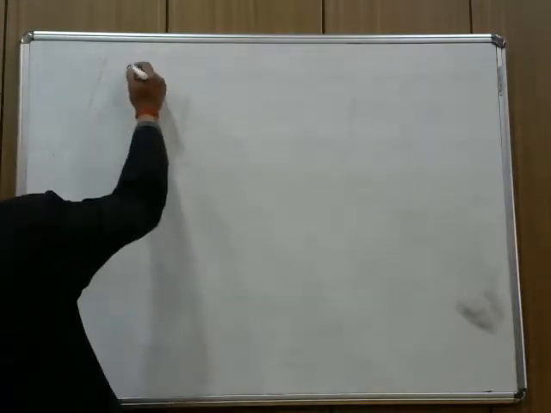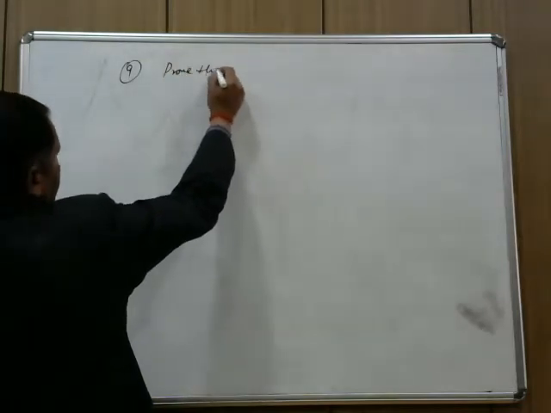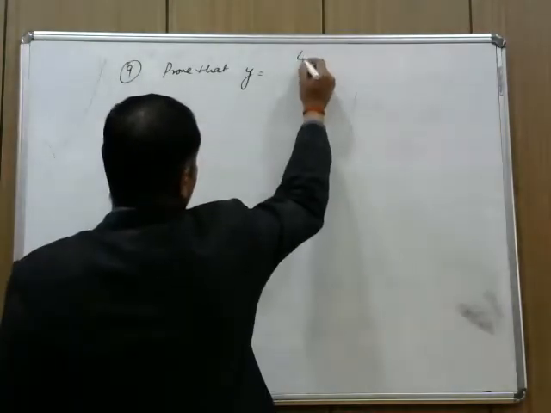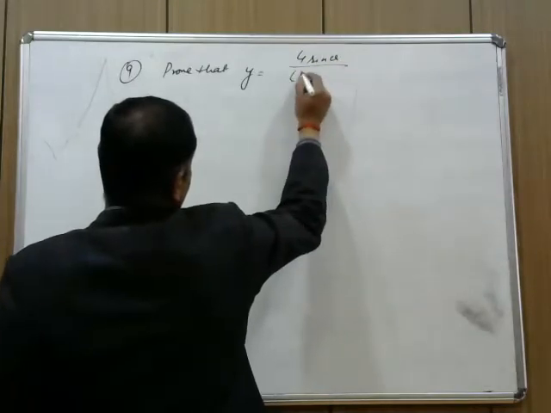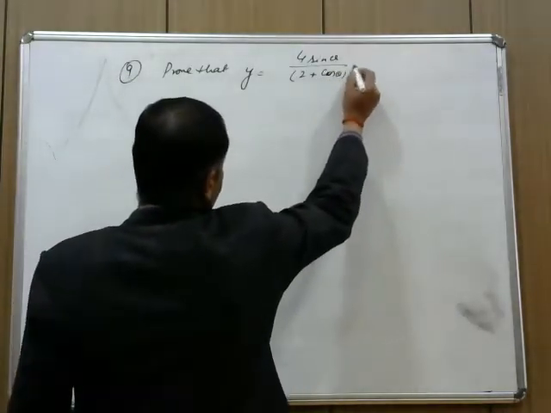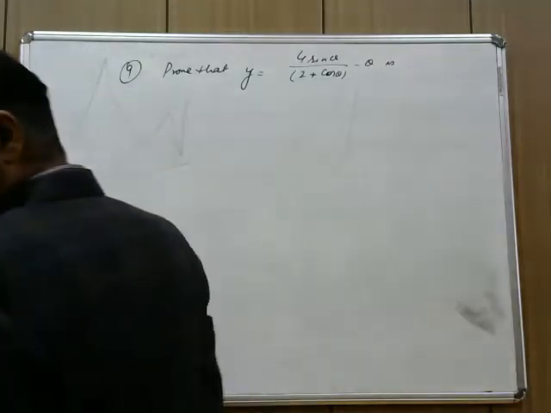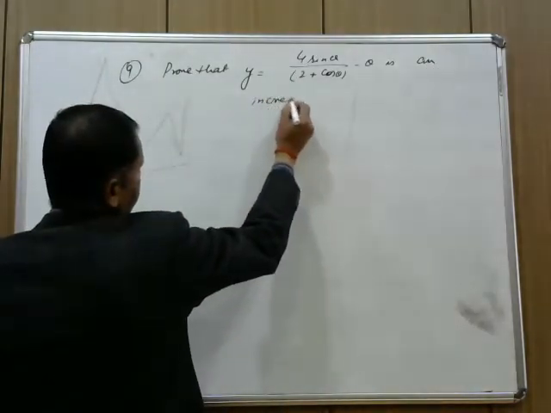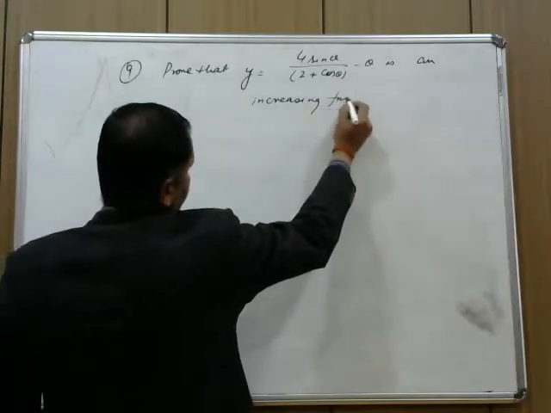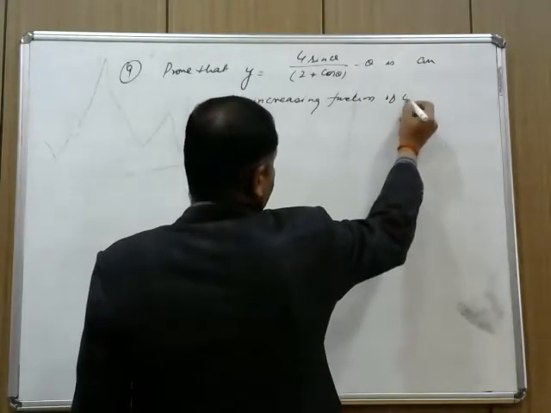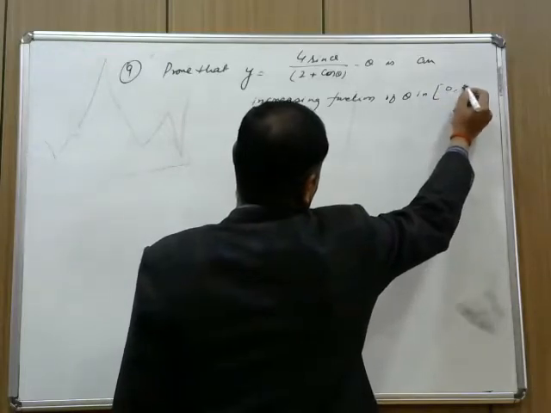Now the question number 9 we have: prove that y is equal to 4 sin theta upon 2 plus cos theta minus theta is an increasing function in the interval of theta in the interval 0 to pi by 2.